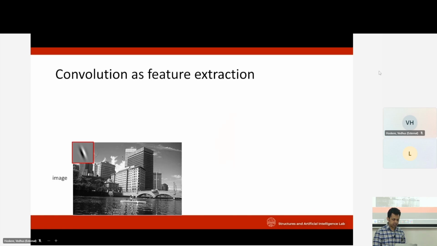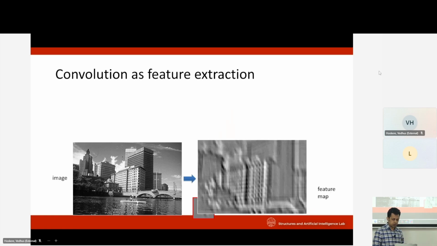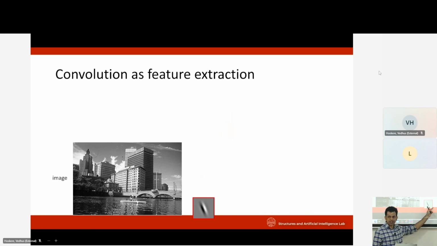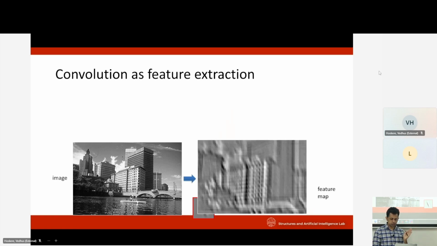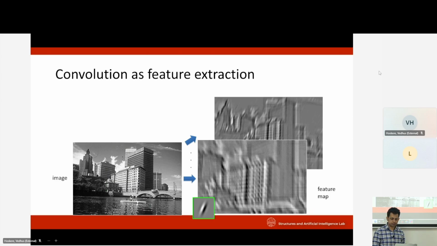So I already spoke to you about convolution as feature extraction. This is what was traditionally done. So this is a Gabor filter, which was traditionally used. And what this does is it finds oriented edges, because you can see some high intensity values and low intensity values. So it's like a subtraction, and it can find edges oriented in a certain direction. If you change the direction of that filter, you get edges oriented in another direction.